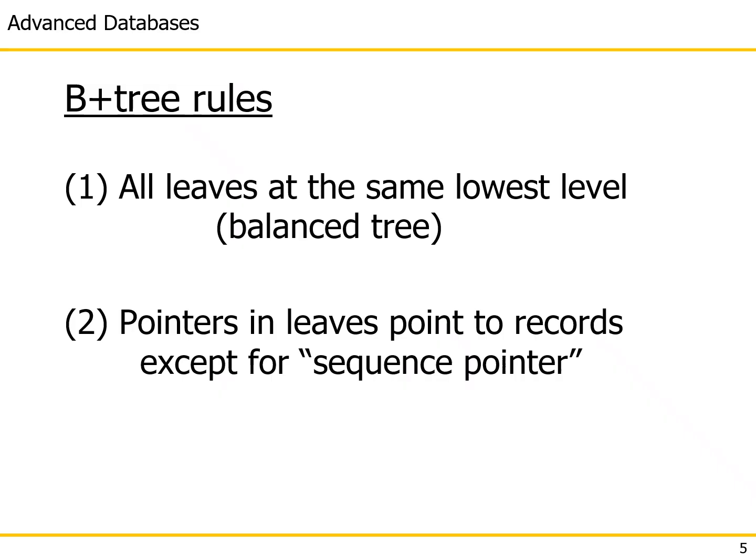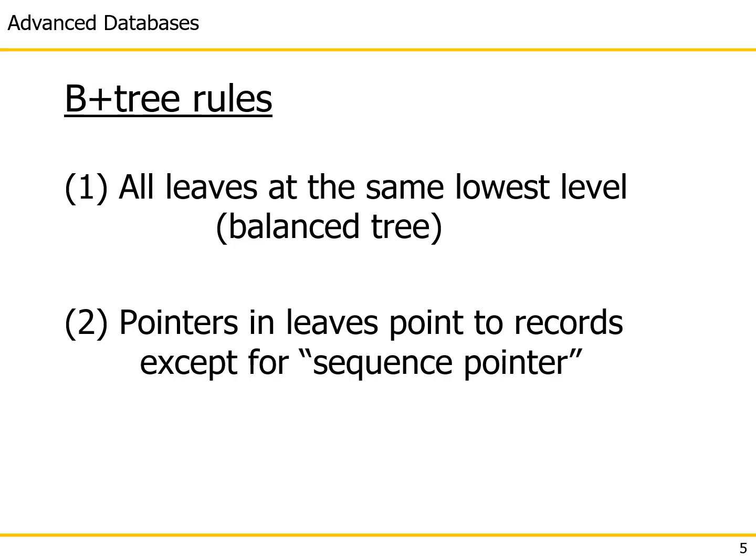The next thing we need to understand about B+ tree is the rules, or the invariants it comes with. So the first thing is all leaves are at the same lowest level. This is what I was just explaining in the previous slide, that B+ trees are self-balancing trees. They are always balanced.